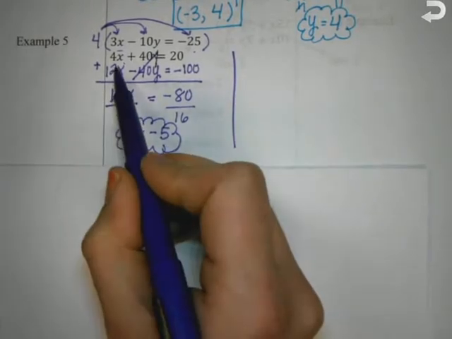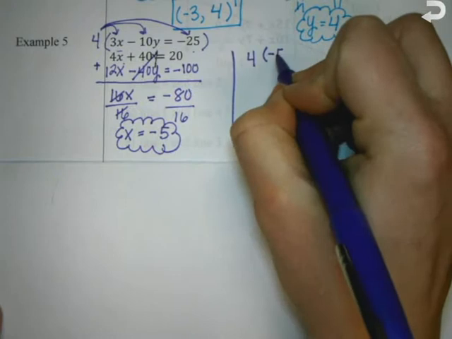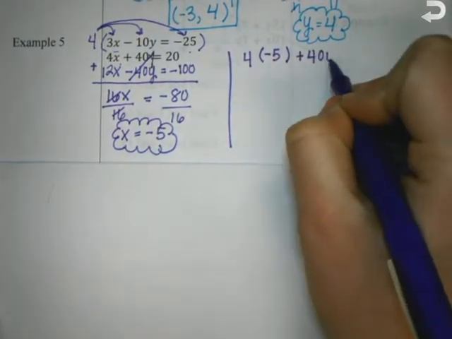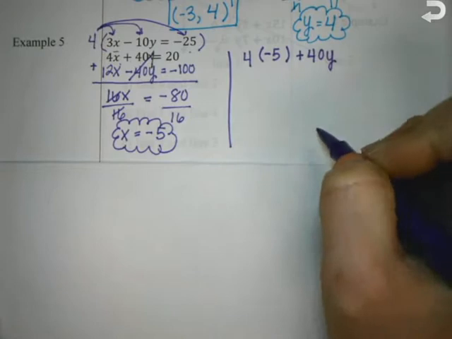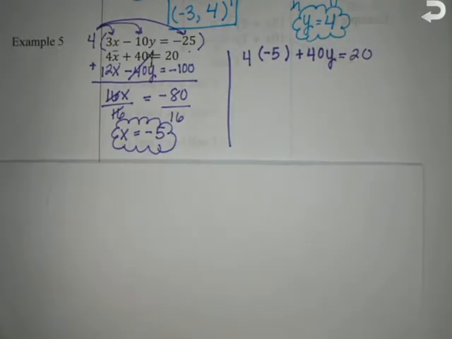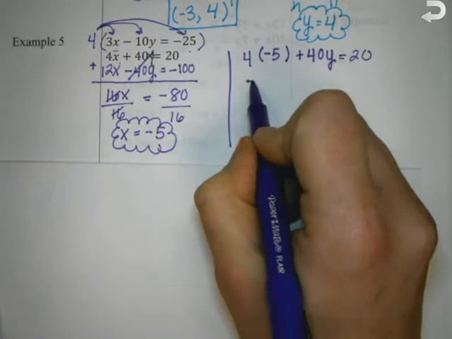Plus 40y equals +20. 4 times -5? -20 plus 40y equals 20. And then what do I do? Add 20 to both sides.